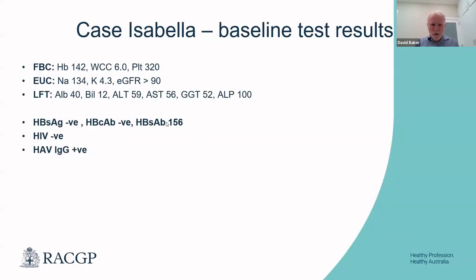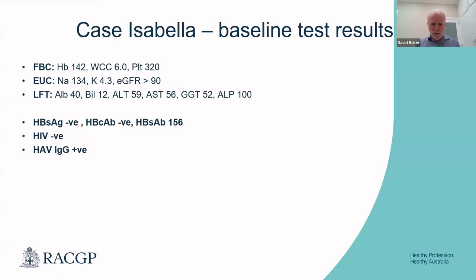So we've got Isabella's results, and I think the first thing we would do is look at the full blood count, and something that's quite reassuring. Her platelet count is normal, and that's one of the first things I'd always look at. That's reassuring that she's less likely to have advanced liver disease. Also, she has normal renal function, which is important for treatment.